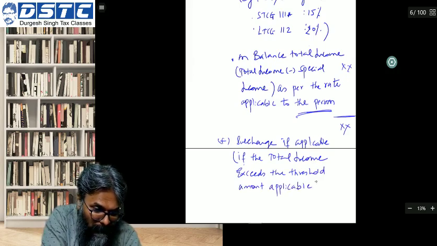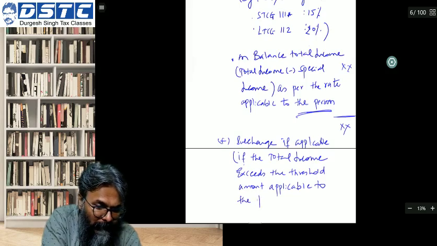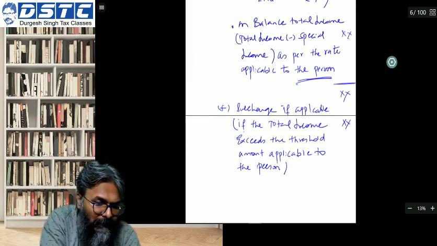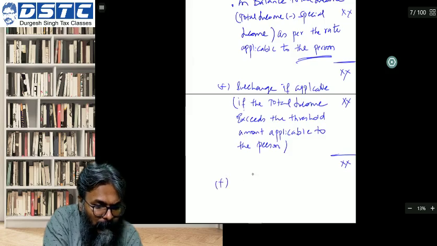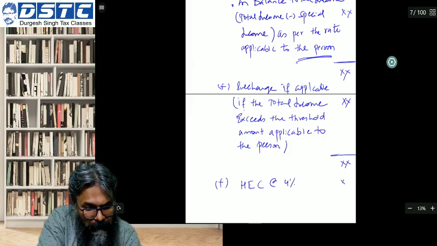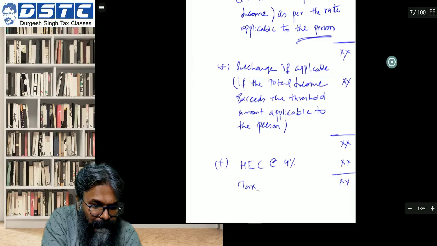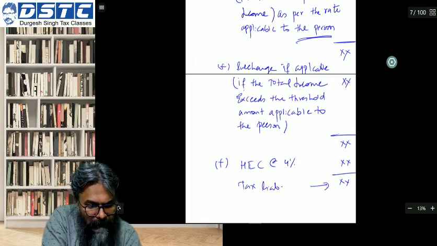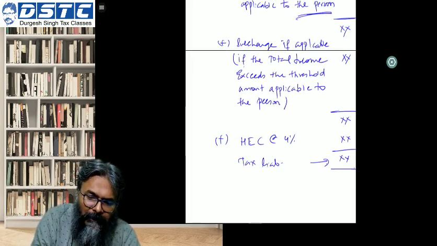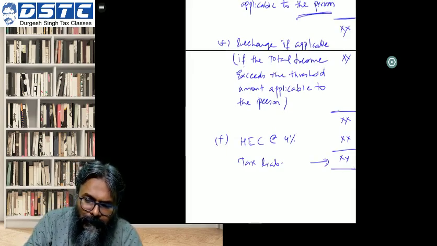If the total income exceeds the threshold amount applicable to the person, then in that case the surcharge would be applicable. After that, you will take a subtotal, and from that subtotal, you will add the HEC at 4% in this case, and finally your tax liability is what you are going to get in this regard.